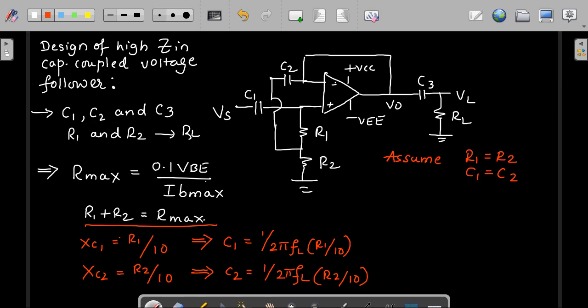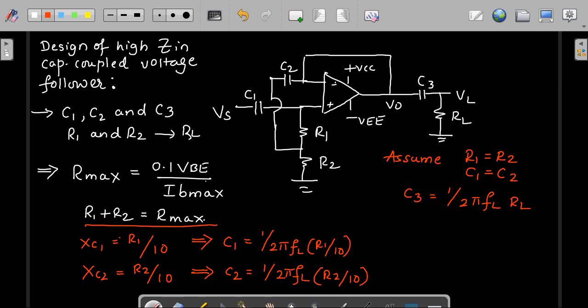When R1 equals R2, we have C1 equals C2, and the last value, C3, equals 1 divided by 2 pi fL RL. This is not divided by 10 because it is at the load side and it is related to the half power frequency or 3 dB frequency. That relationship we have already derived in the previous case, and the same relationship holds good here also.